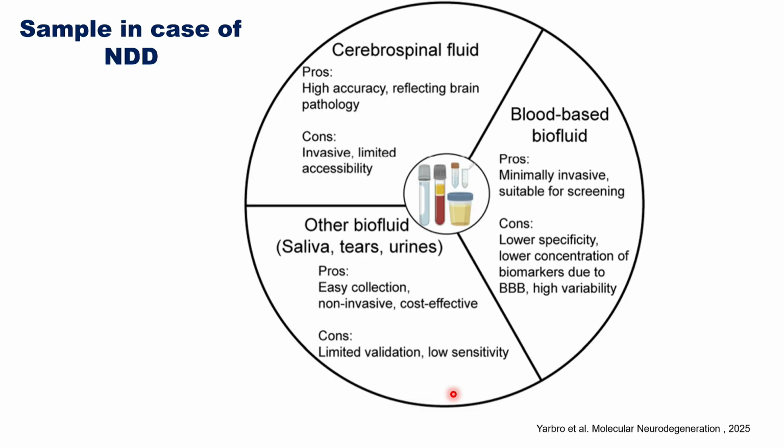So what samples can you use in case of neurodegenerative diseases? The cerebrospinal fluid, the CSF, which should be the most ideal sample because it reflects the brain pathology, but it's invasive.